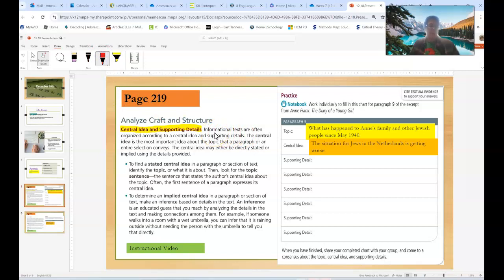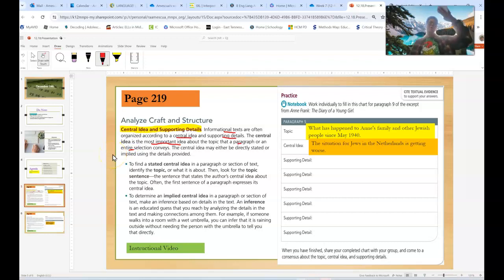Informational texts, and a diary is an informational text, it's a memoir, are often organized according to a central idea and supporting details. So remember, we're talking about informational texts. The central idea is the most important idea about the topic that a paragraph or an entire selection conveys.